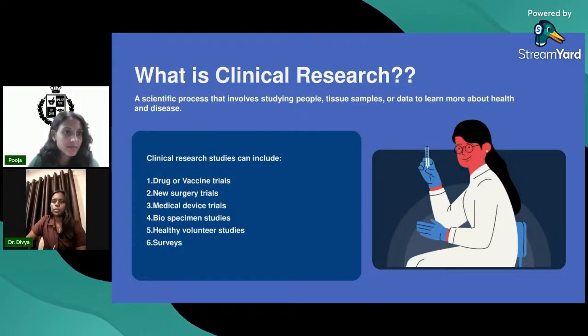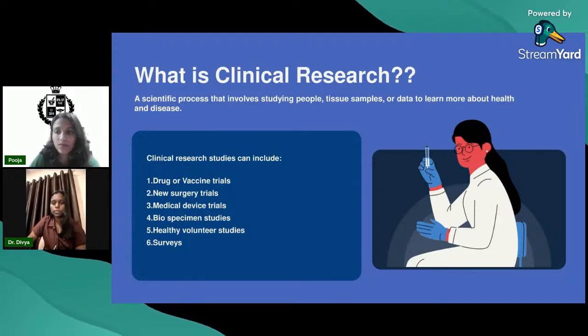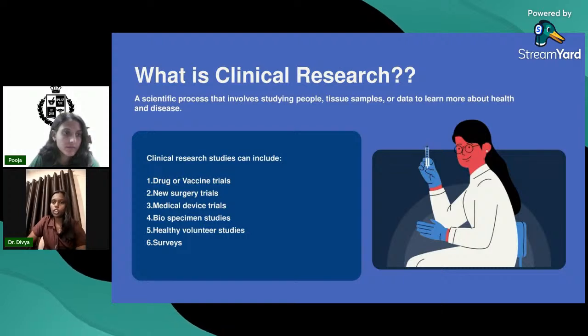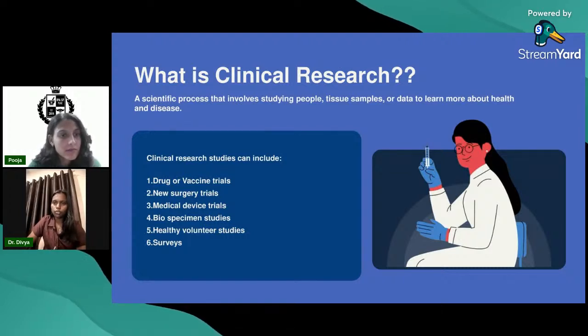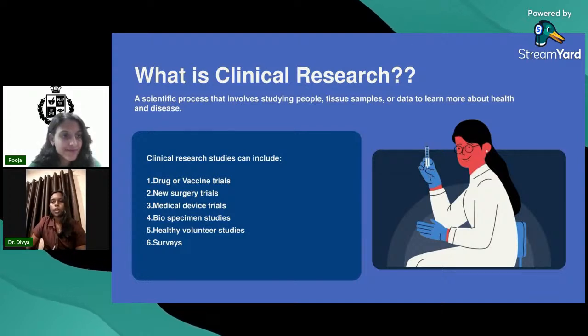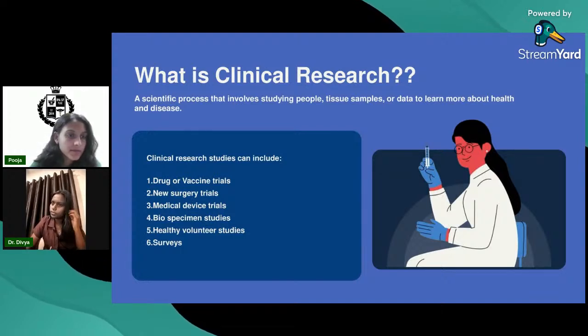This study can be of anything. It can be of a new drug, new vaccine, new surgery, new medical devices, biospecimen studies, healthy volunteer studies, or surveys. As we all belong to a pharmacy background, we are all familiar with these names, but let us know more deeply about these topics. Next slide, please.